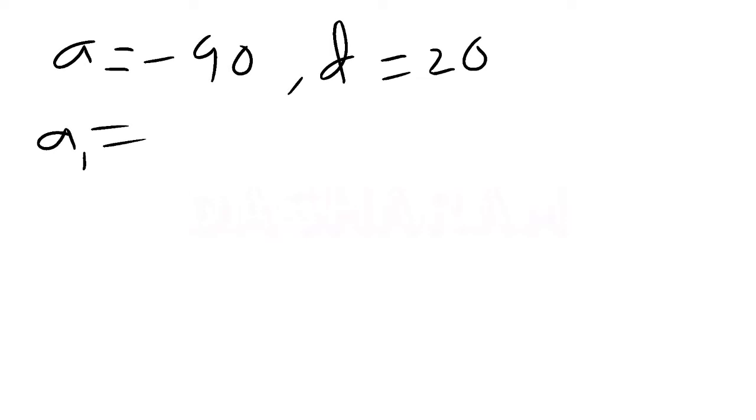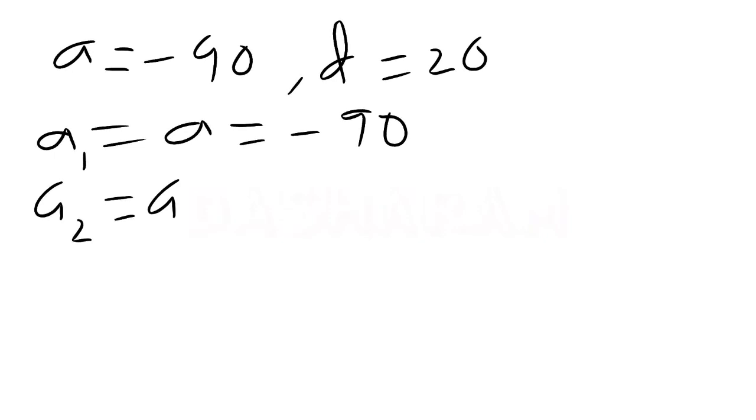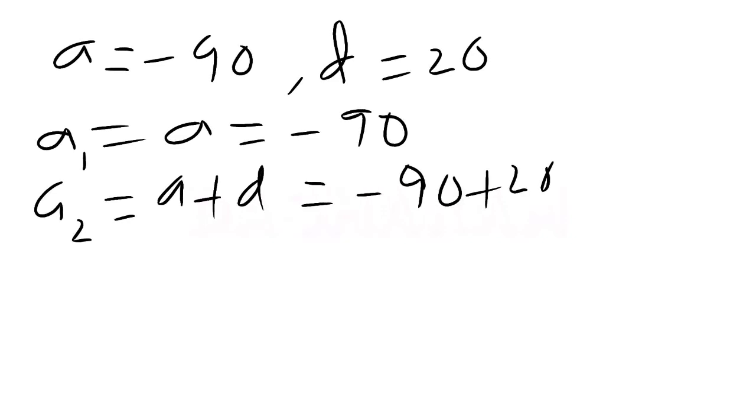The first term A1 equals A, that is minus 90. The second term is A2, A plus D, otherwise A1 plus D. You can use any formula. I am using A plus D, which equals minus 90 plus 20, equals minus 70.